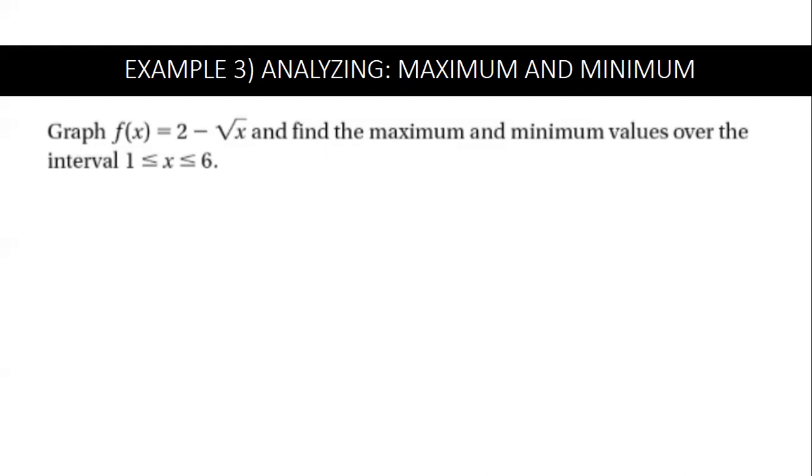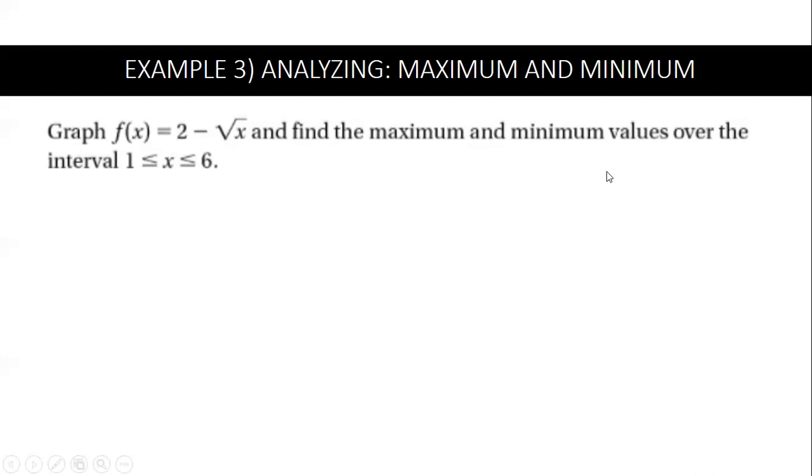But it says to graph f of x equals 2 minus the square root of x and find the maximum and minimum values over the interval from 1 to 6. Okay, so I'm analyzing not the whole graph, just from 1 to 6. Does that make sense? All right, so I'm going to graph this and see where it's a max and a min.